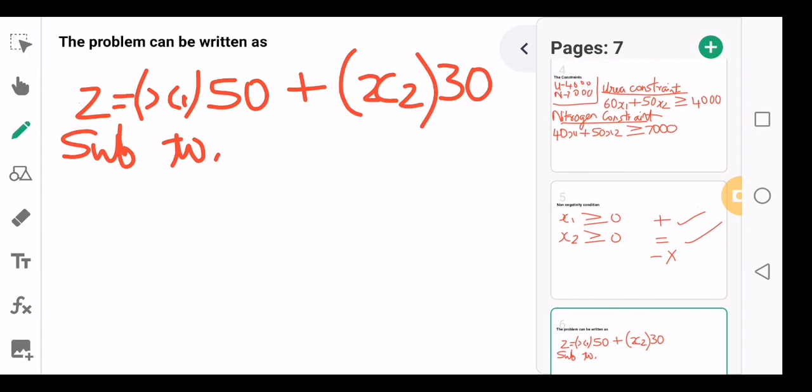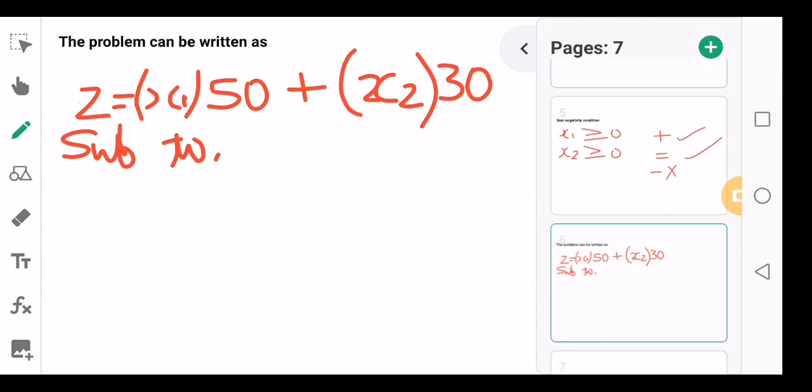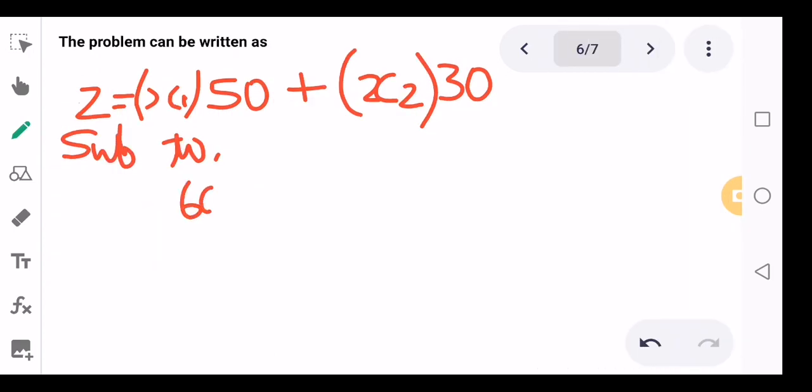What are the constraints? This is the first constraint, the urea constraint: 60x1 plus 50x2 greater than or equal to 4000.